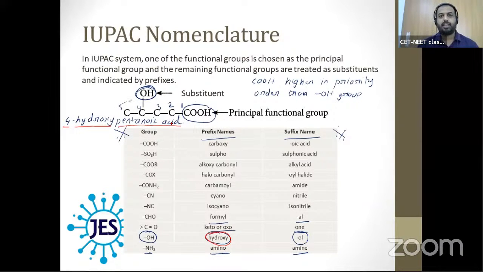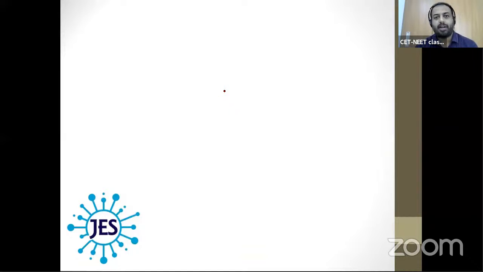Now let us go to the next category, the last category, naming aromatic compounds. Let's check what rules there are for aromatic compounds. Can anyone tell me which is the simplest of the aromatic compounds? When we say aromatic compound, what first comes to our mind?